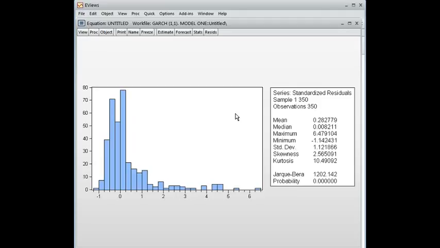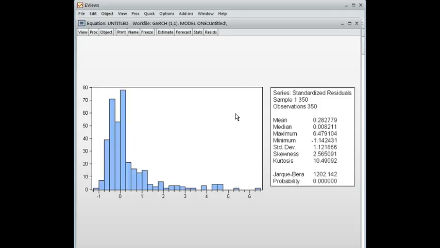But the thing is that although the residuals are not normal, we can still accept the model. Why? Because although the residuals are not normal, the estimators are still consistent. Many econometricians say that although the residuals are not normal, we can still use the model for forecasting.